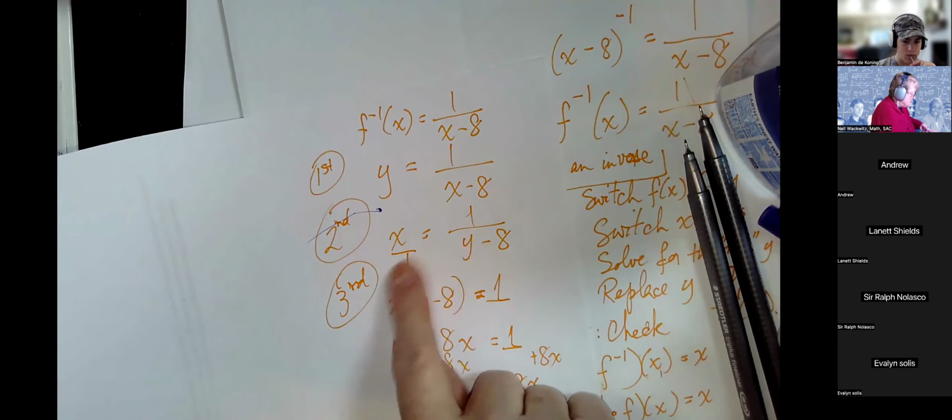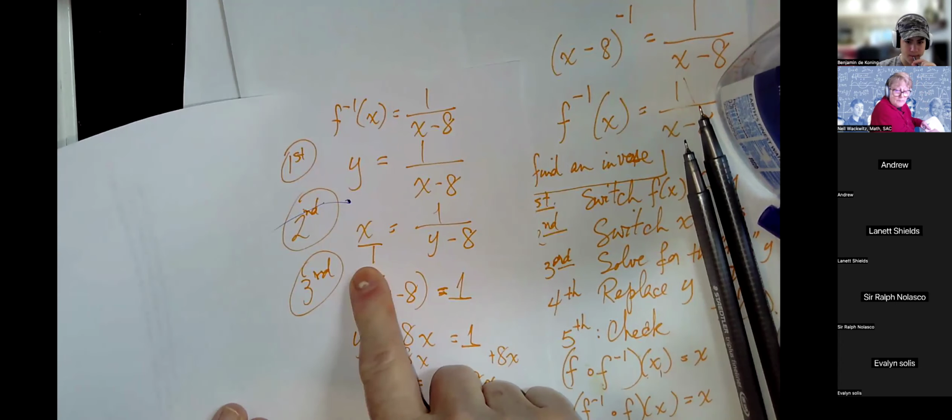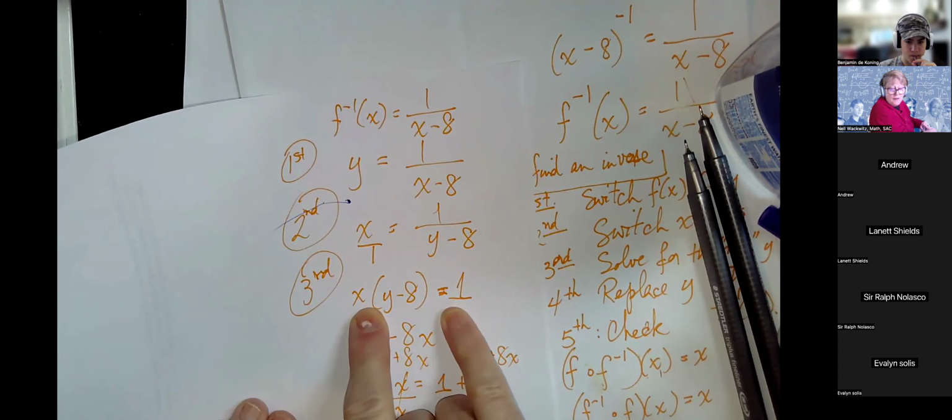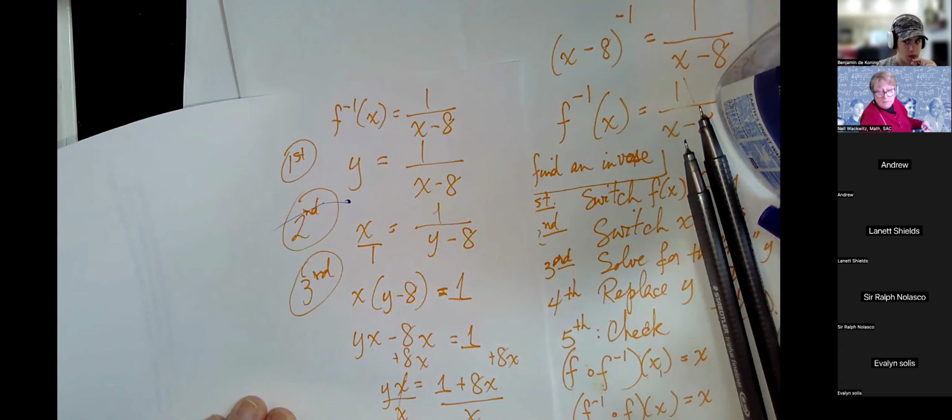What, are we at this step? The one below it. The third. Okay, so can you repeat your question? Why would you multiply x to y minus 8 instead of dividing it on both sides?